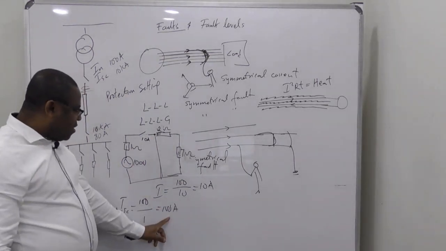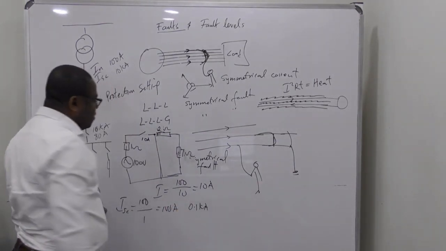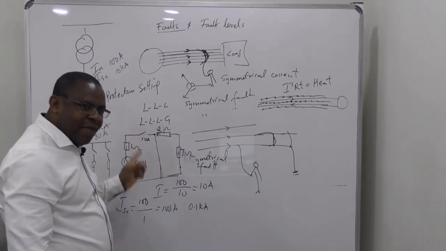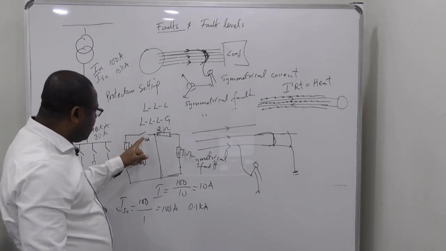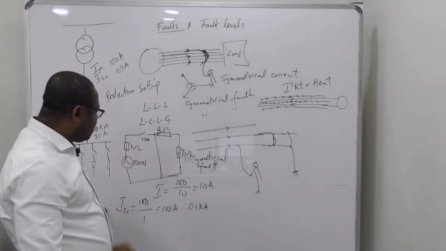So this is the short circuit current, 0.1 kiloamps. This breaker should be able to trip without damage once there's a fault.